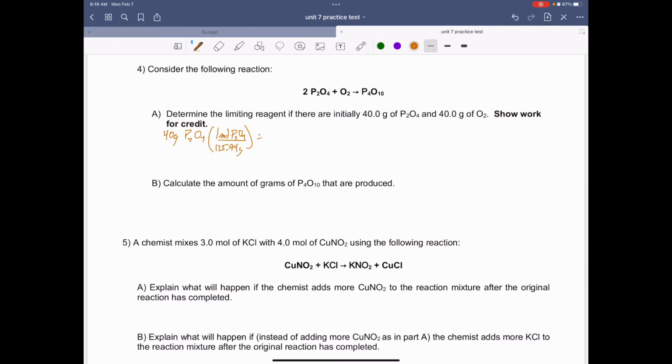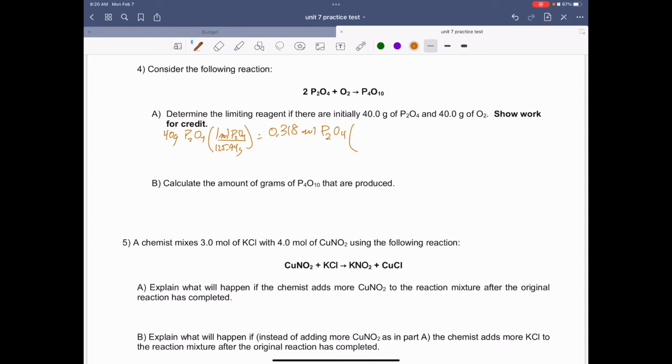So 40 divided by 125.94 is 0.318. I'm going to round to 0.318. So that's how many moles of P2O4 we have. Technically, it's diphosphorus tetraoxide, but whatever, who cares? Just P2O4.